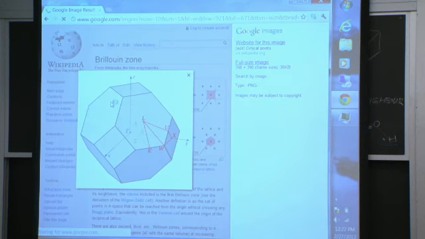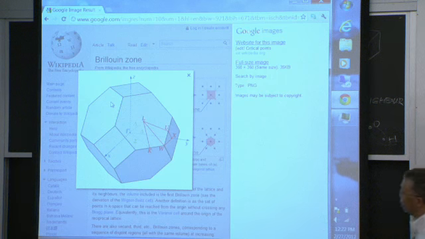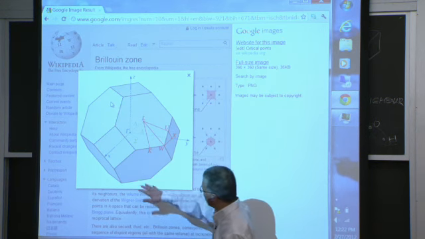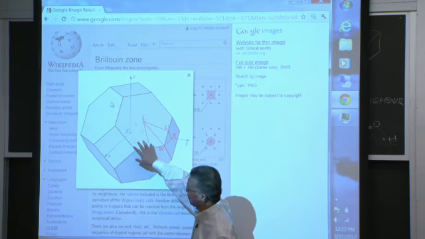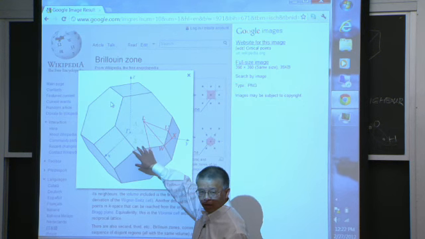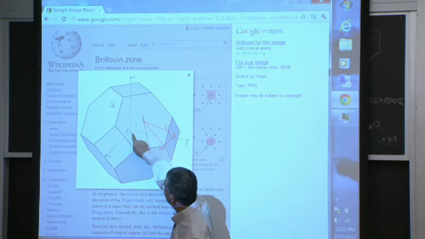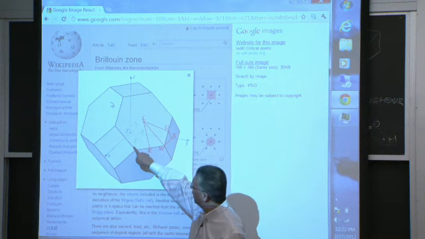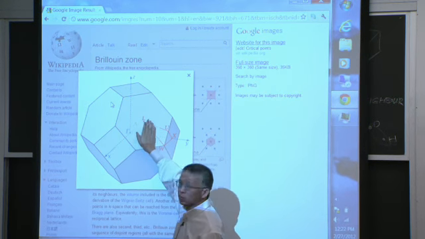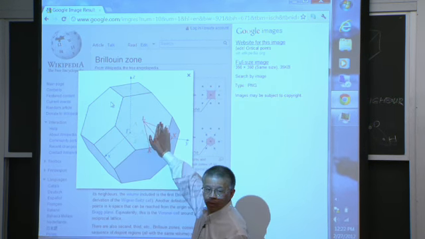Okay, so this is now getting more to what people usually draw for the FCC structure, face-centered cubic. They will say they actually have specific directions from gamma to L. That's the 1, 1, 1 direction.